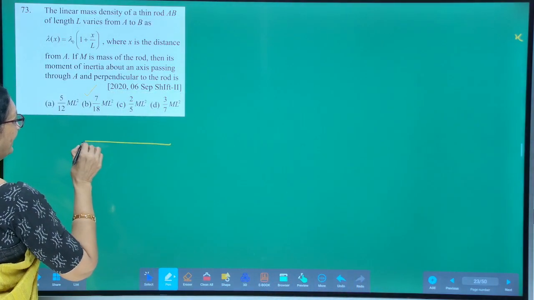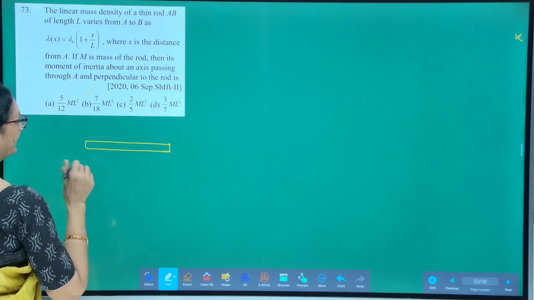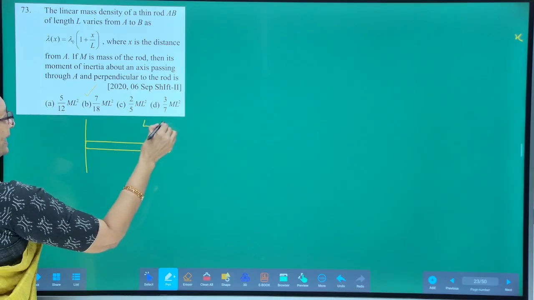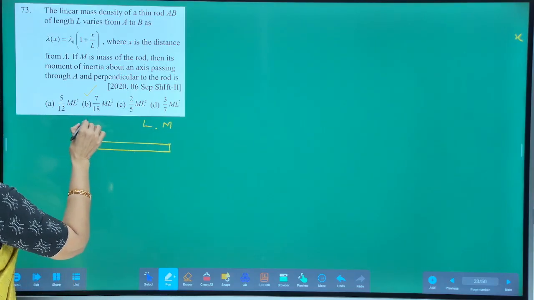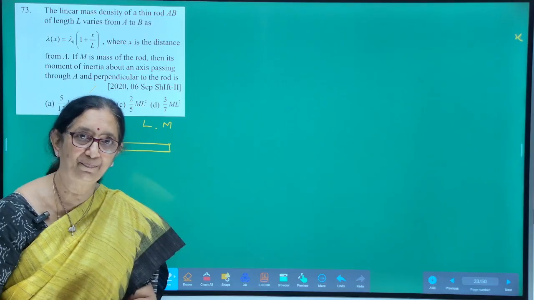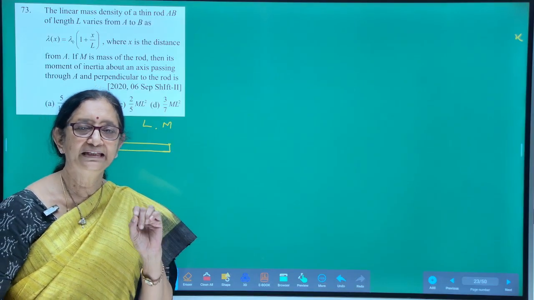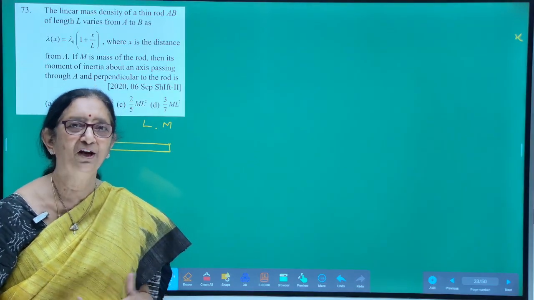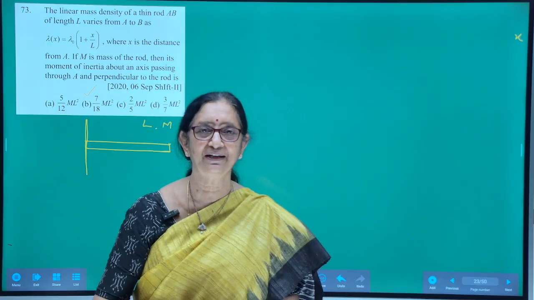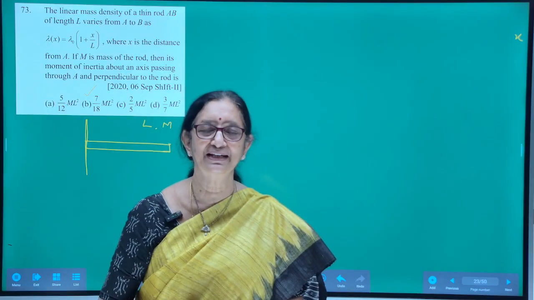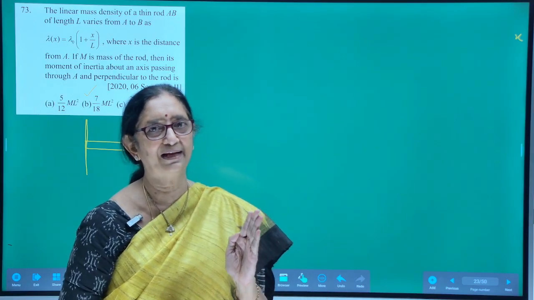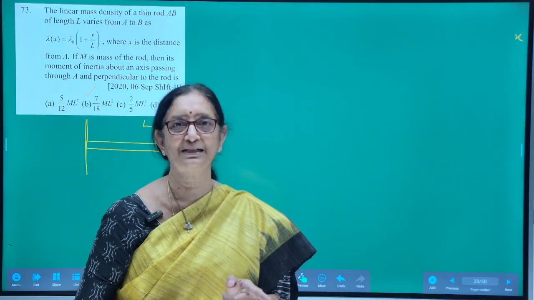Let this be a rod of length capital L and mass capital M. You are supposed to find the moment of inertia of the rod about an axis passing through the end point perpendicular to the length. If it is a uniform rod, we already derived the expression, we straight away write the moment of inertia about an axis through the end perpendicular to the length as ml square by 3.